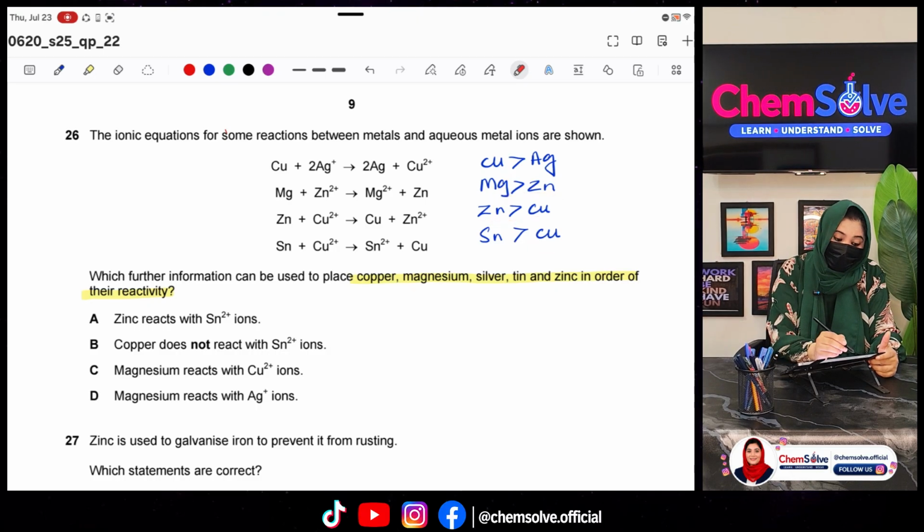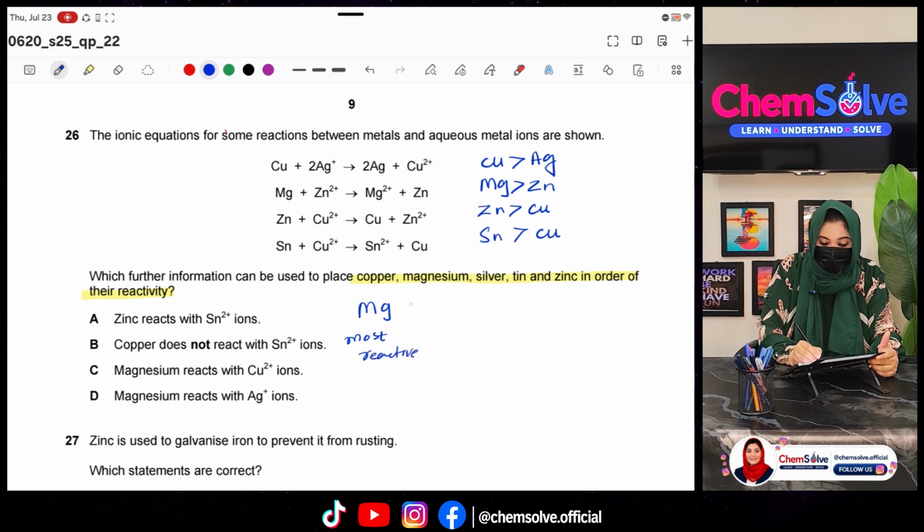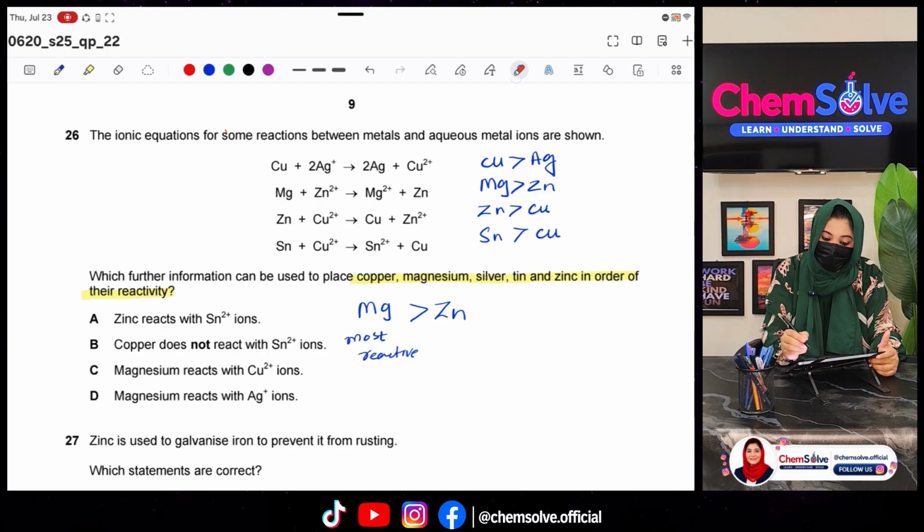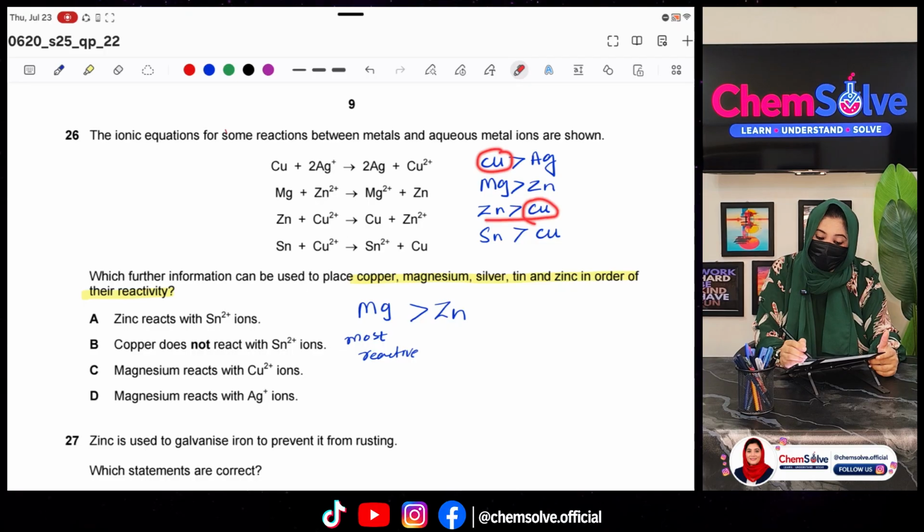It means magnesium is the most reactive one. I will write magnesium as my most reactive metal. Then comes zinc. How? Because magnesium is more reactive than zinc, it means zinc is after magnesium, and zinc is more reactive than copper as well. And copper is more reactive than silver. It means zinc should be here.